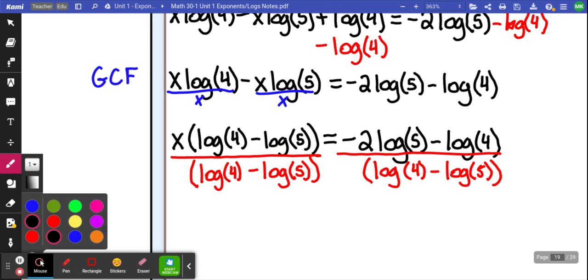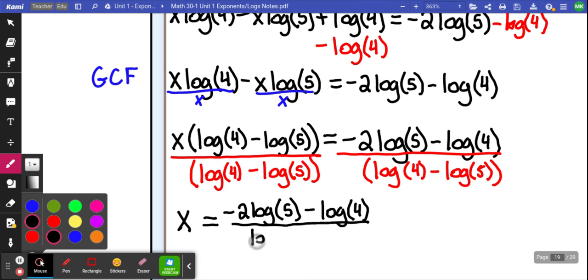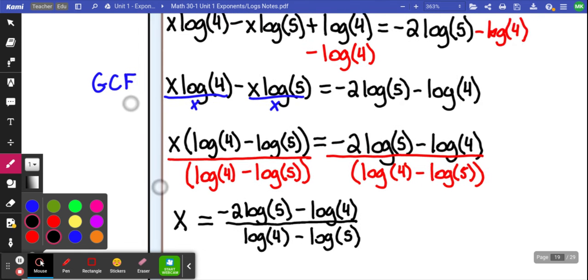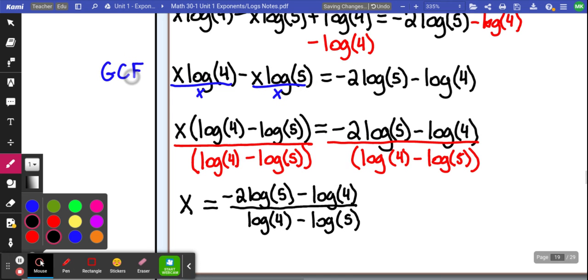And I have x equals that entire mess on the right side. So negative 2 log 5 minus log 4, divided by log 4 minus log 5. And I've successfully solved for x.